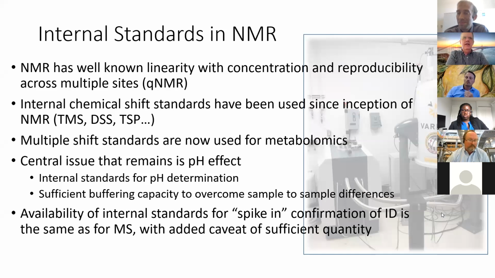So creatinine is one that's commonly occurring, but it's got a chemical shift difference that is only really very effective from 3 to 5 pH units, not closer to normal physiological pH.